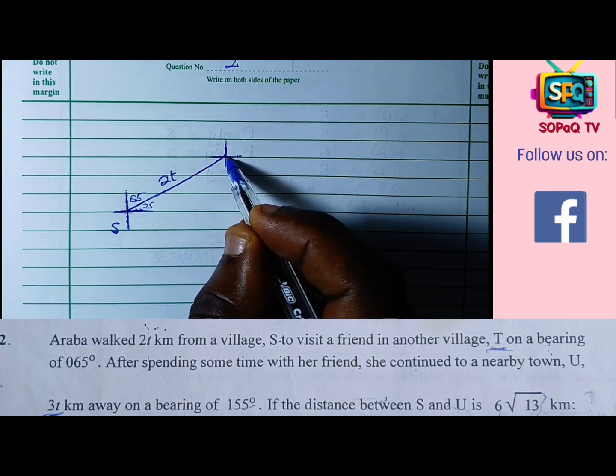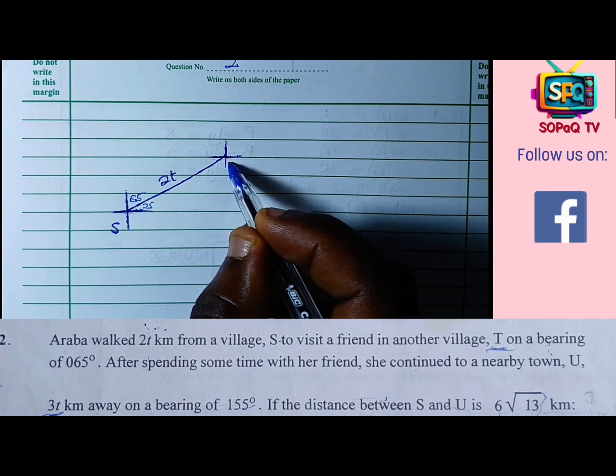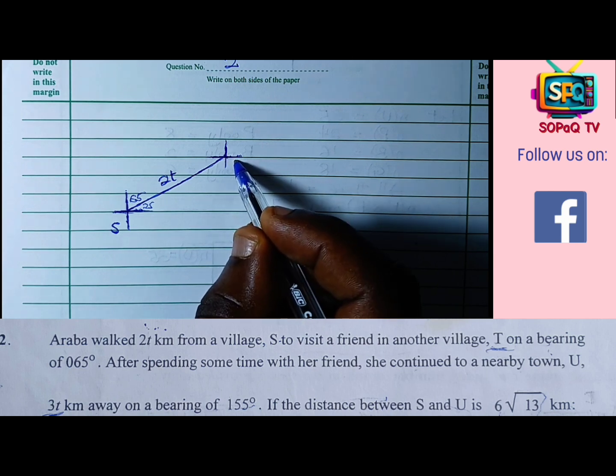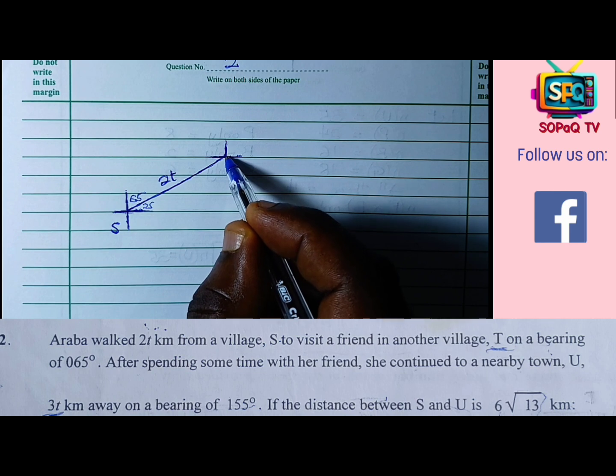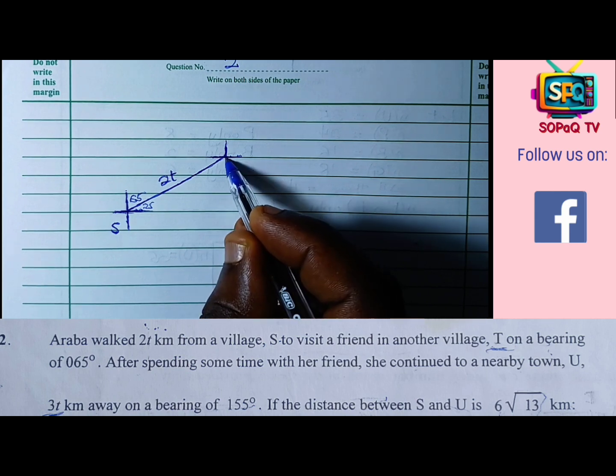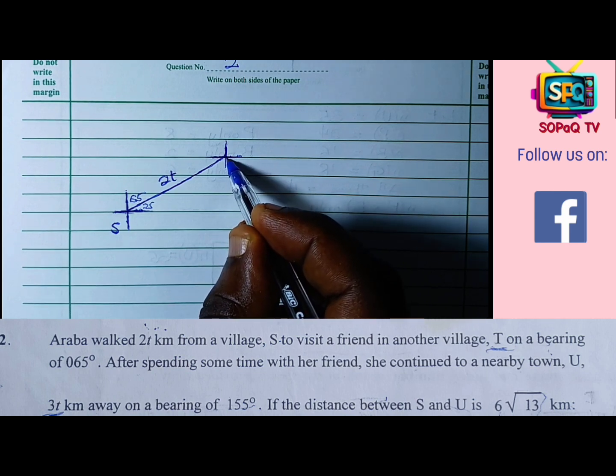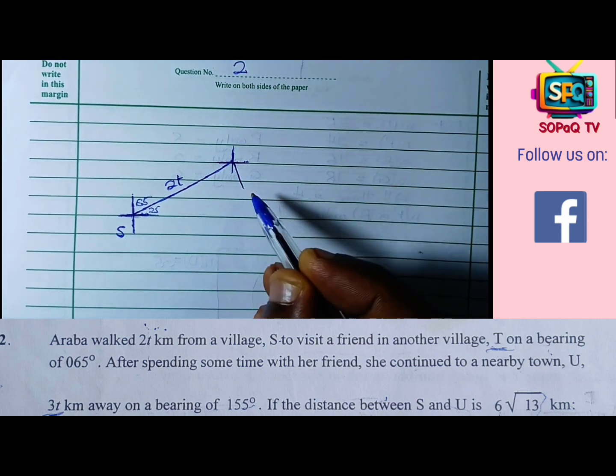It will cross 90, so it will be within this quadrant. And if here is 90, here will be 65, and then 25 will be left. So I think there should be a slim angle left.